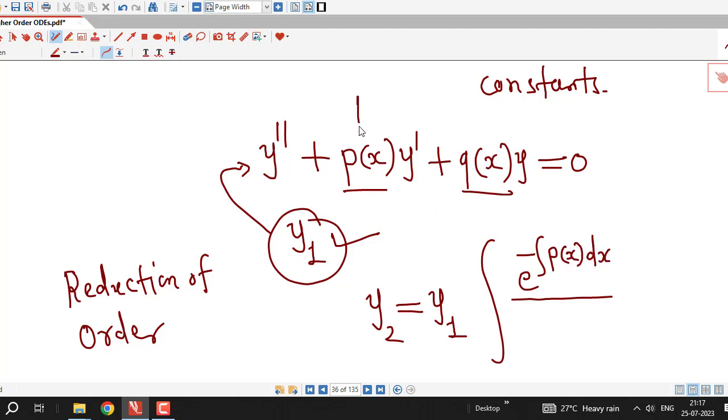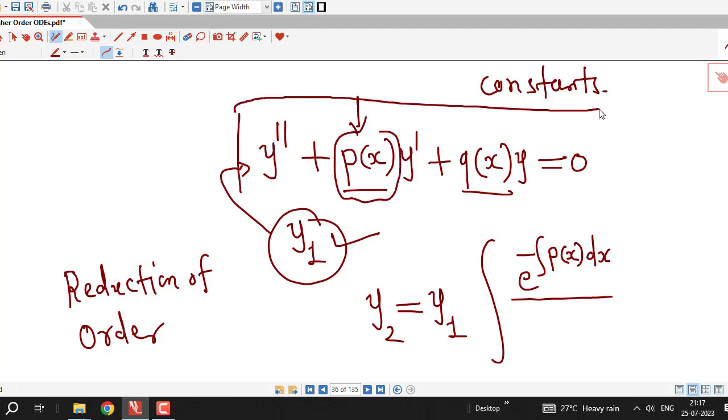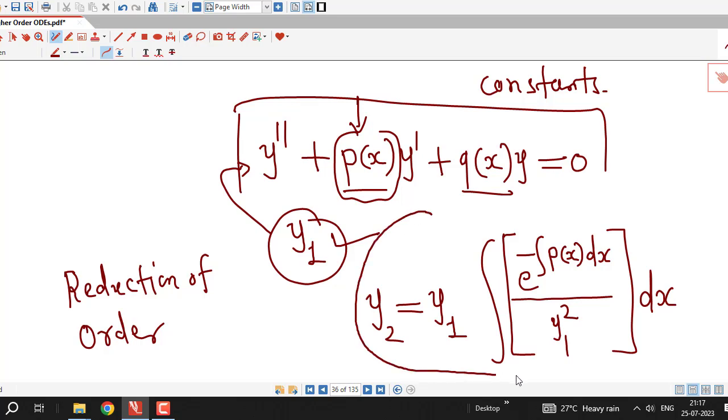This p(x) is the coefficient of y dash after we write our equation in this standard form, and we have to divide by the square of the first solution. Whatever quantity we obtain, we have to integrate with respect to x. So using this formula, if we are given one solution, then we can determine the second linearly independent solution.